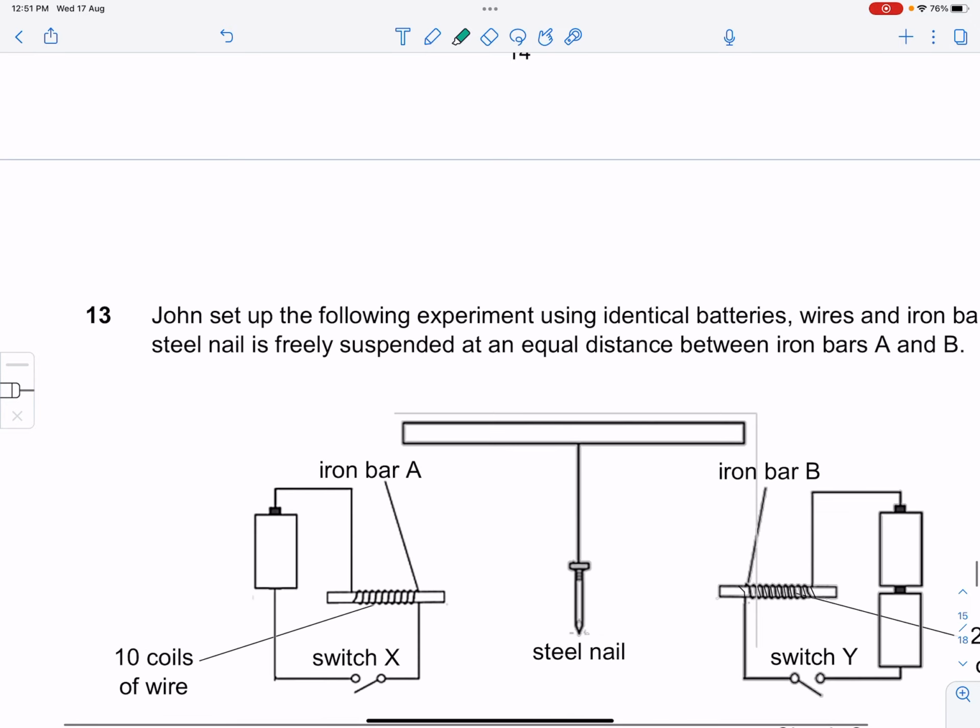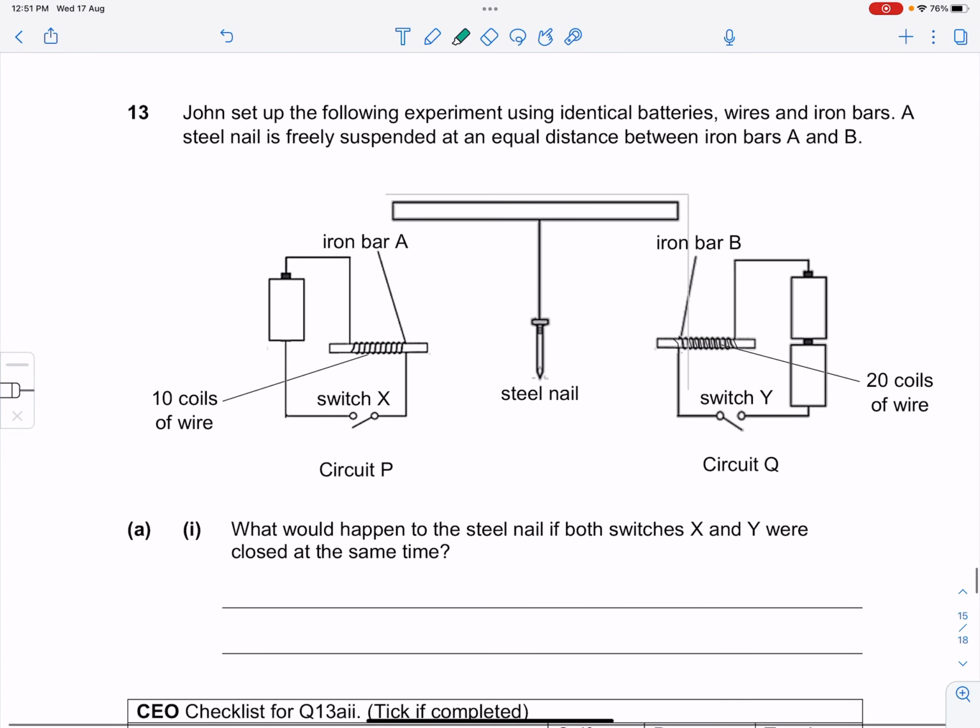Next. Okay. John set up an experiment using identical batteries, wires, and iron bars. Now, they usually put this kind of statement here, okay, because they don't want you to think too much. Students tend to think too much. So the question will put this there to narrow your scope of thinking.